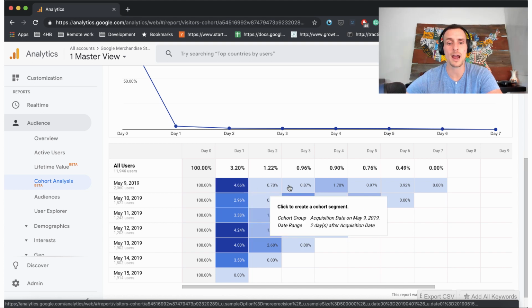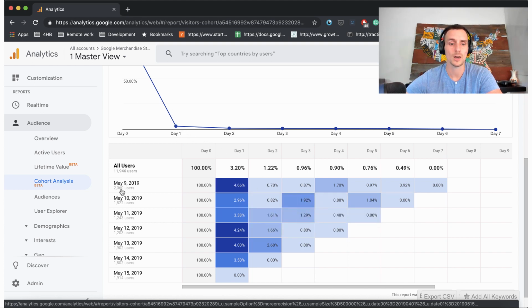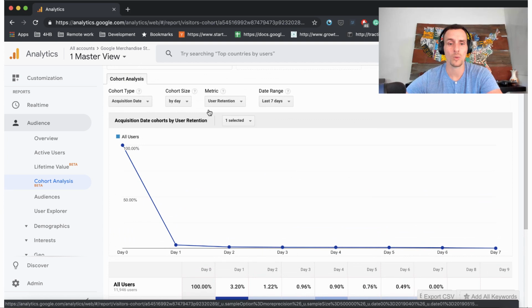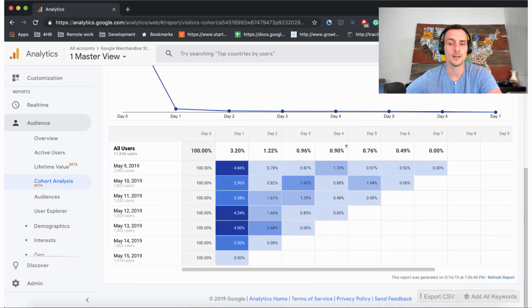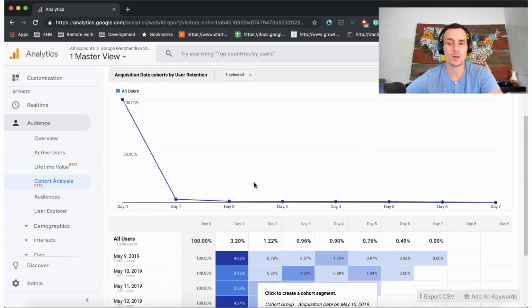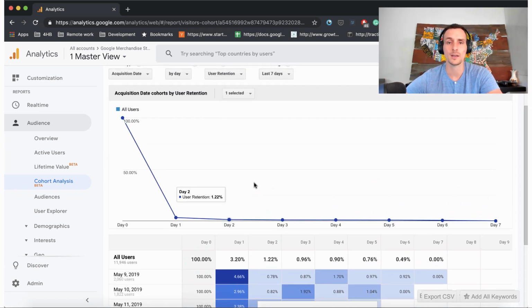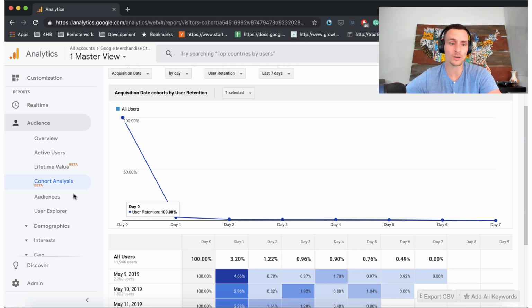And so what this does is this averages this over time, by groups of users spread out over days, and if we want to, we can change this from 7, 14, or 30. We can understand how well retained these users that we're acquiring are. And so depending upon what industry you're in, it could be that you need high stickiness, or maybe you don't need it at all.